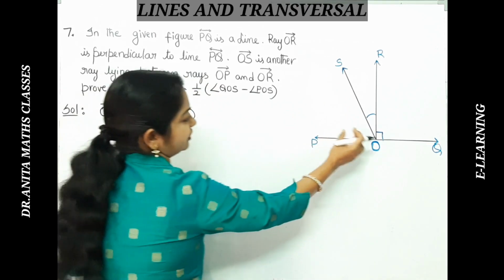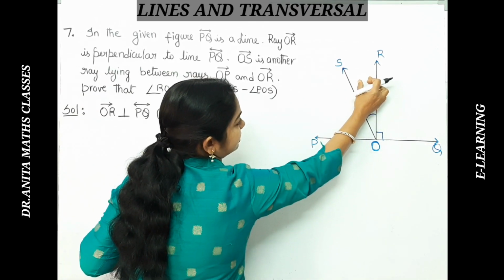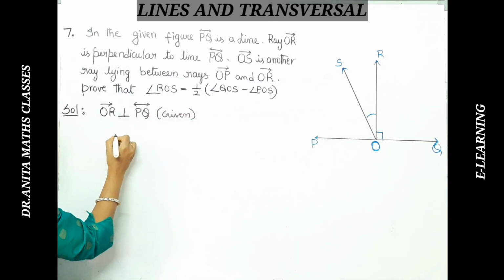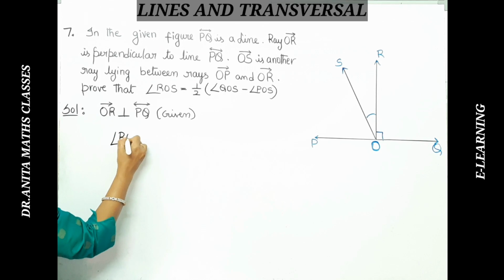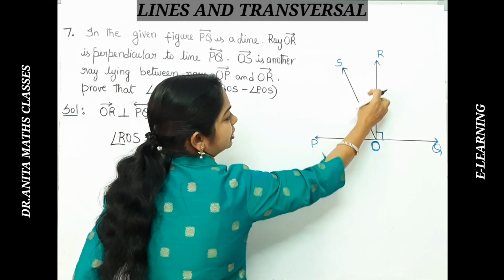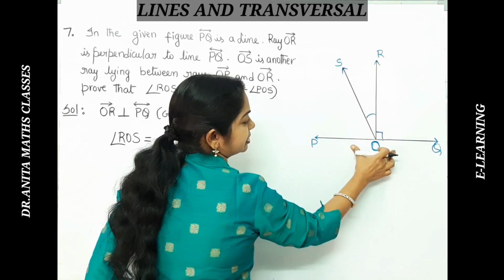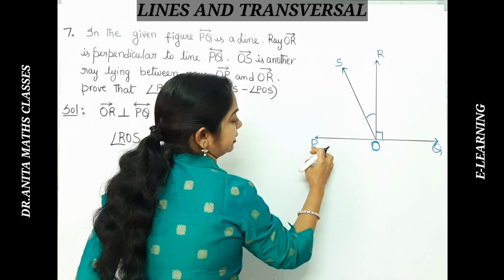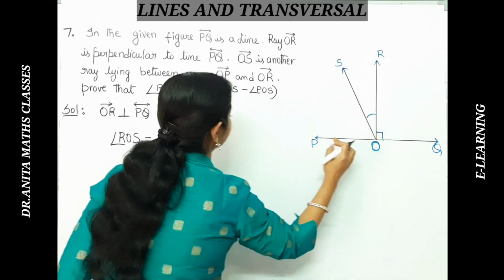From this information, let us take angle ROS. Since OR is perpendicular to PQ, angle POR is 90 degrees.